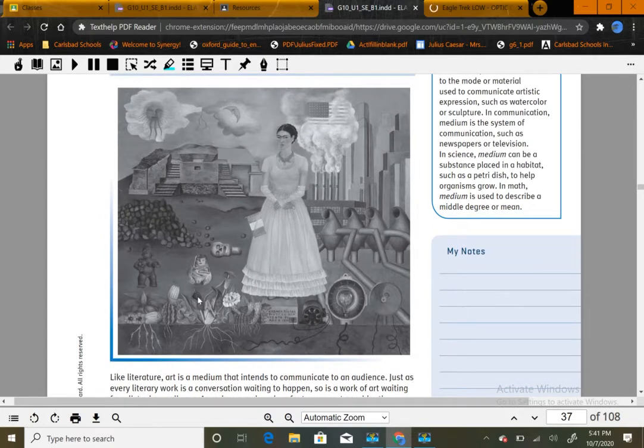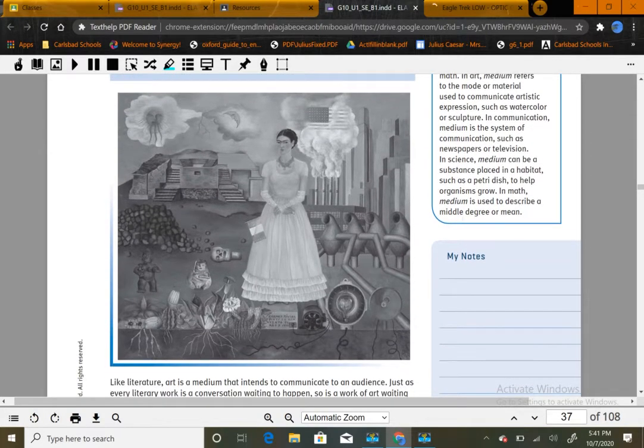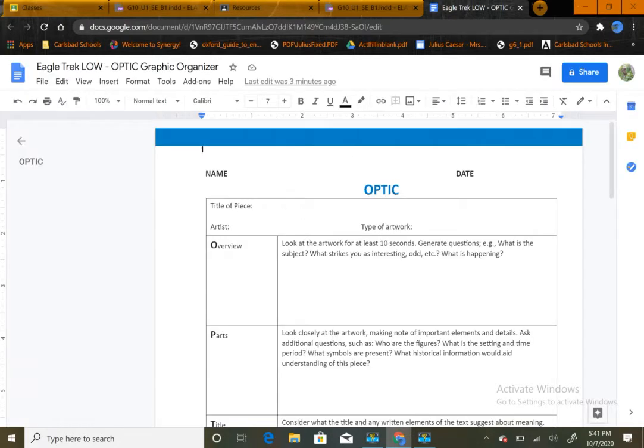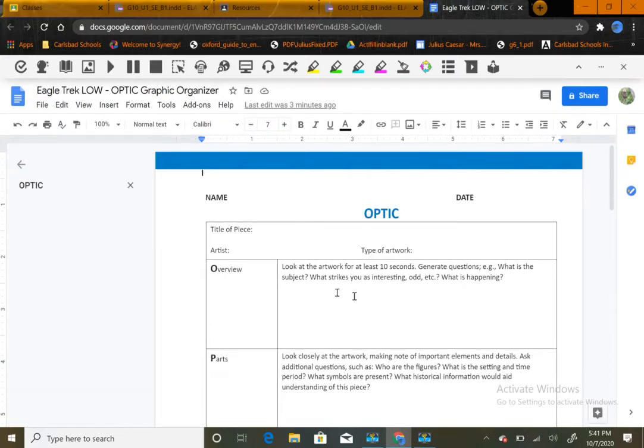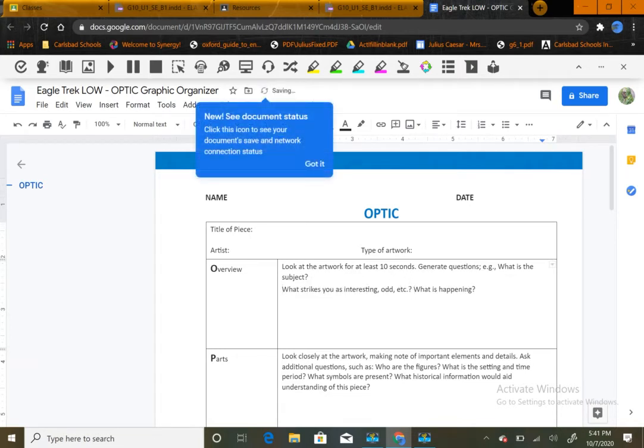So here is what I'm supposed to be using for my OPTIC Organizer in Google Docs. Here in the overview, the reason why I like Google Docs for the OPTIC is because I can actually move these questions to answer them.